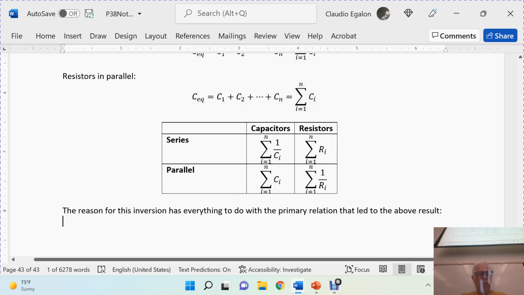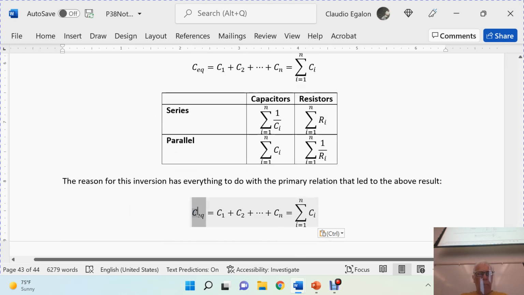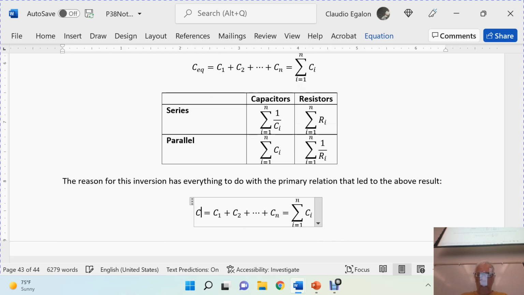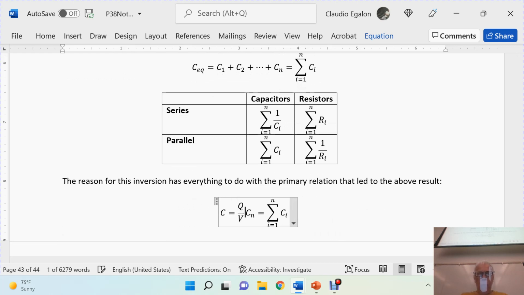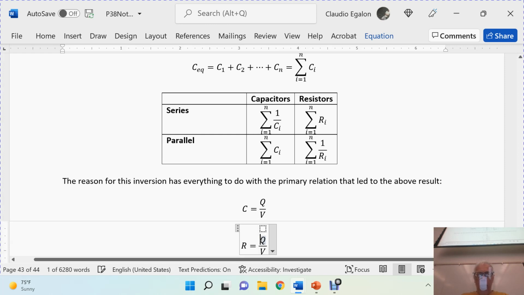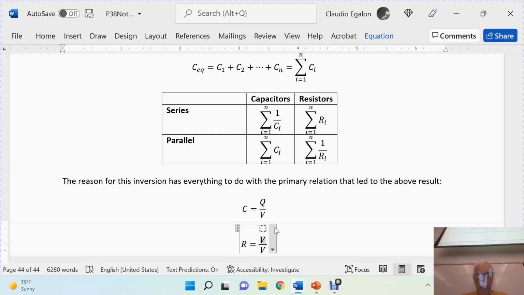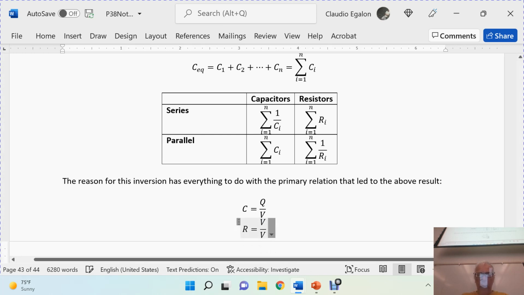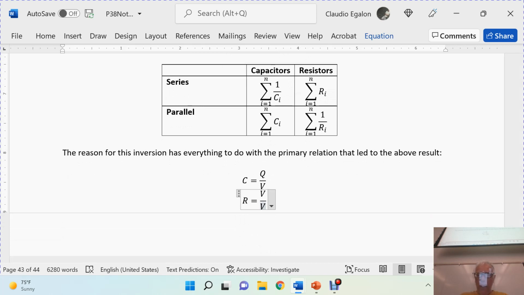For capacitors, we are talking about the definition of capacitance, which is Q over V. For resistors, we are talking about Ohm's law, which, by the way, ends up being V divided by I. Okay? You see what's happening here?